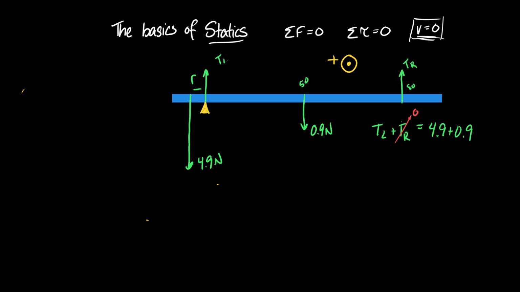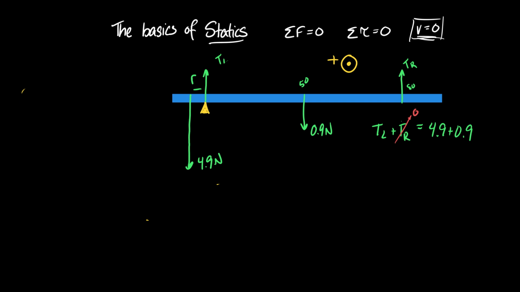This one's easier to do if you know what you're doing. If you don't know what you're doing, trouble. So here we go. I will give you some hints. Step 1, decide on a pivot that you will use for this particular problem. You don't have to use the pivot we used before, or you can use the pivot from before, but you need to decide on a pivot. That's step 1. Step 2, lay out the torques acting on your system.